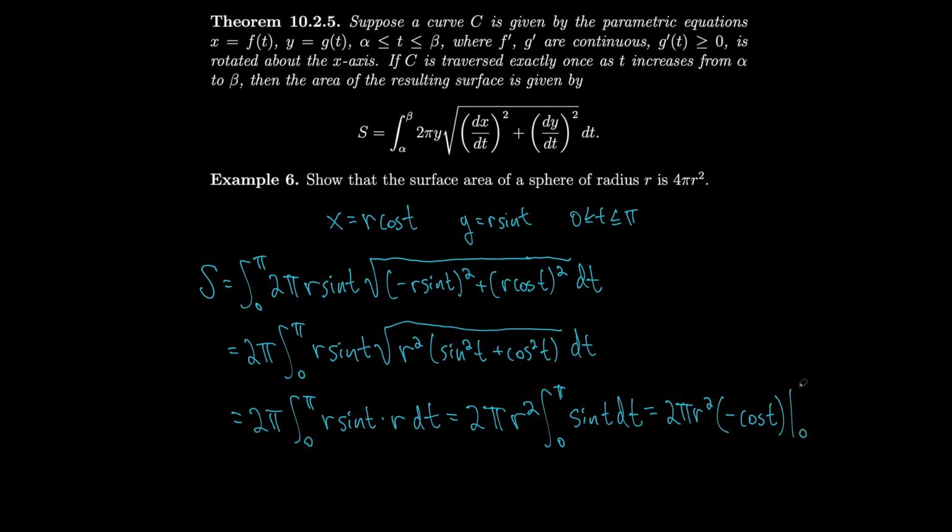And we'll evaluate that from 0 to pi. So minus minus 1 is 2 times 2 pi r squared is 4 pi r squared. So it looks like we can cover a sphere with 4 circles.